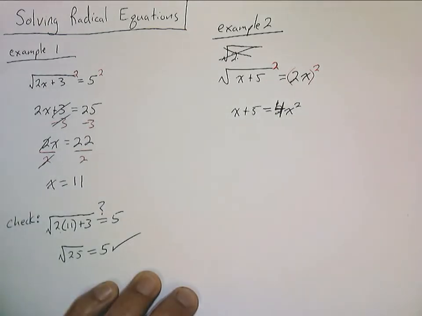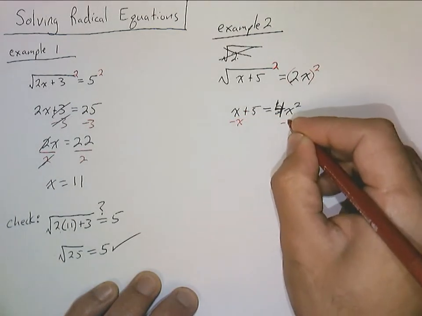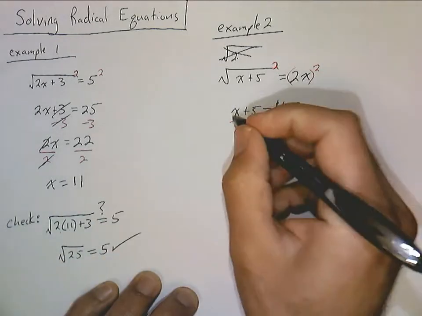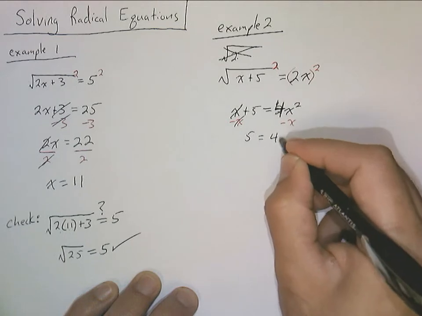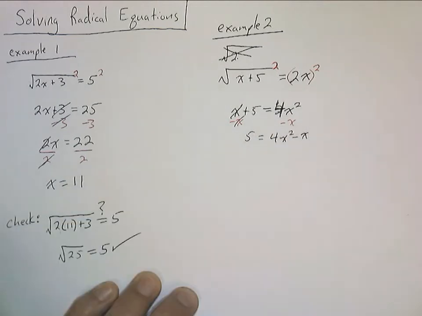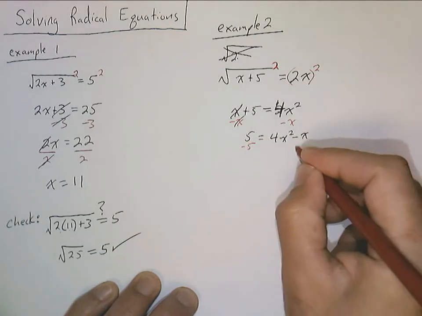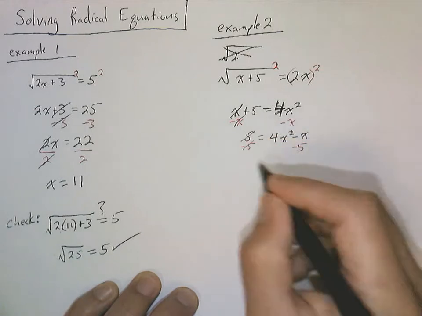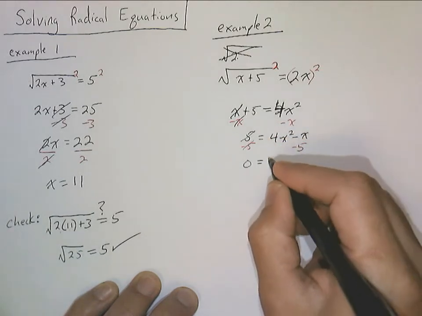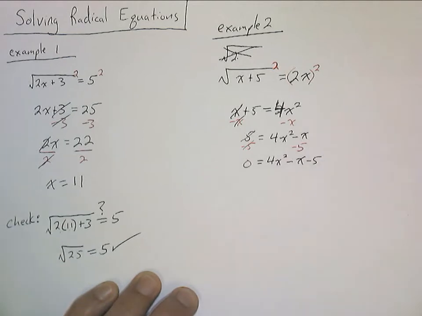So we're going to subtract the x and subtract the 5 from both sides. So first subtract x, getting rid of those. So we have 5 is equal to 4x squared minus x. And then, of course, we just subtract 5 from both sides. Those cancel out, leaving us with 0 is equal to 4x squared minus x minus 5.